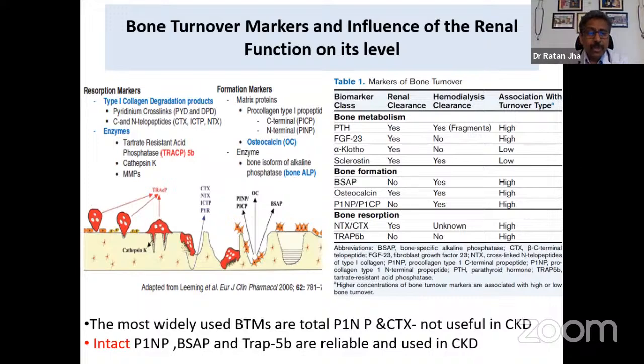What we use in chronic kidney disease is intact PINP, that is not total PINP, the intact PINP, bone-specific alkaline phosphatase, and TRAP 5B or tartrate-resistant acid phosphatase, which are not influenced by renal failure and can be used in CKD. So these are the bone turnover markers which can be used when available in the context of chronic kidney disease for assessing bone health.